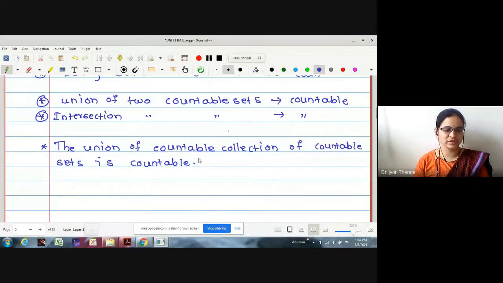No, you have to think on this. For intersection, you have to think. Intersection of countable collection of countable sets, you have to think.